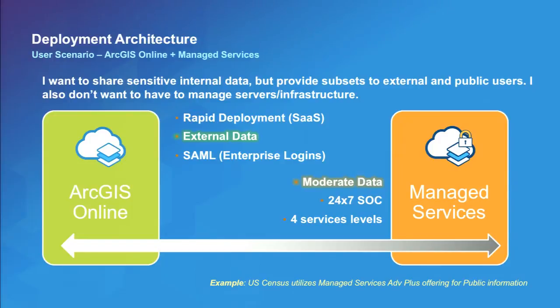That's where they provide 24/7 operations supporting the equivalent of an on-premise ArcGIS server and portal instance for you. And then you can combine that with ArcGIS Online. An example of that is US Census, who did a FedRAMP authorization of such a solution just last year.